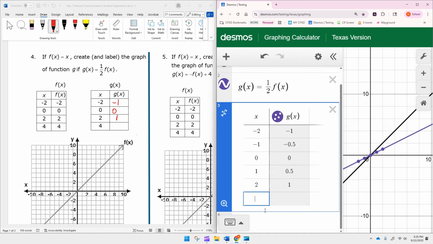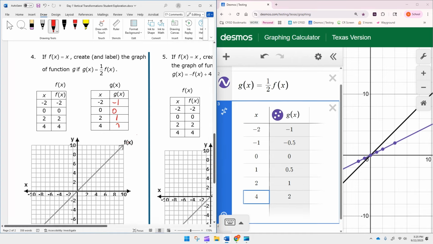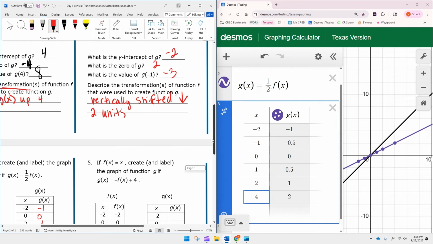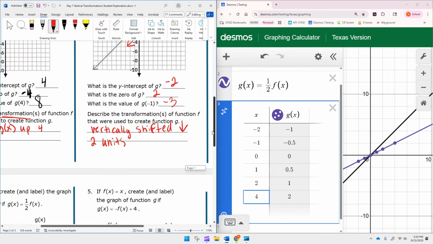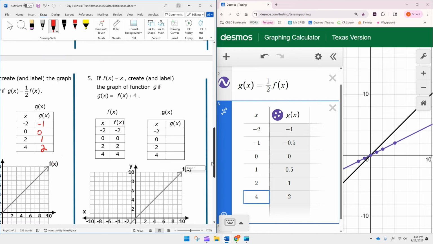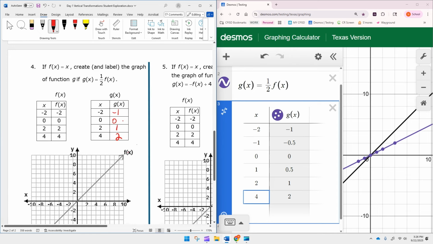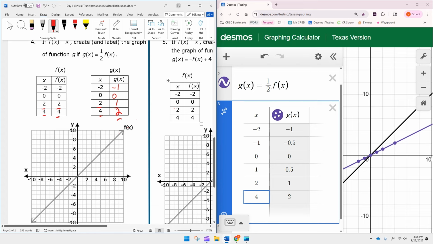And when we got 4, we got 2. So think about our values being compressed versus stretched like we did on number 3. Here, when x was 2, we went to 2. But now we went from 2 to 1. We went from 4 to 2. So our y values, our output, got halved.